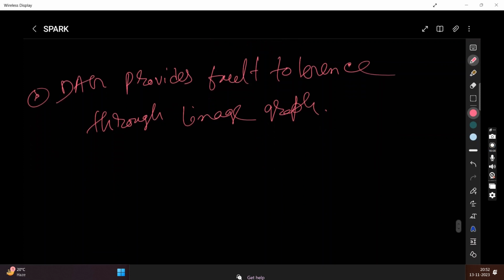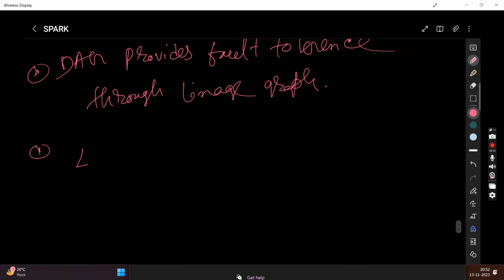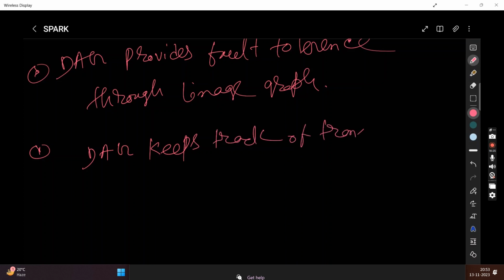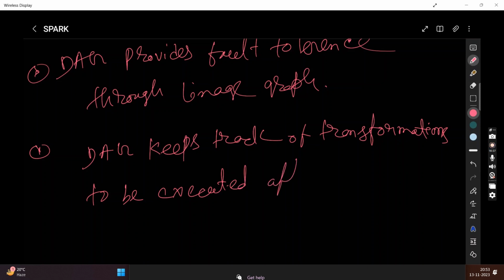And this lineage graph, the DAG, keeps track of the transformations to be executed after an action has been called.